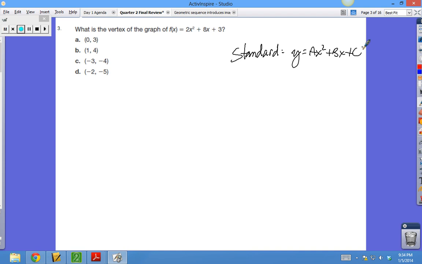And when it's in standard form, to find the vertex, it's not too bad. Remember this right here, c, that's your y-intercept. So if you're going to graph this, 3 is going to be your very first dot. You're going to put a dot on 3, and then your next move when it's in standard is to find your line of symmetry.